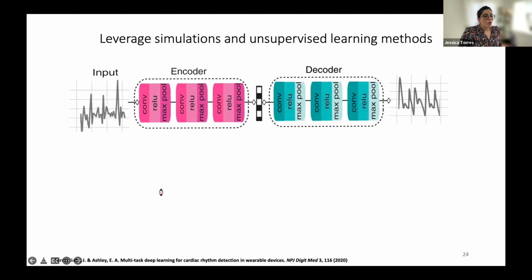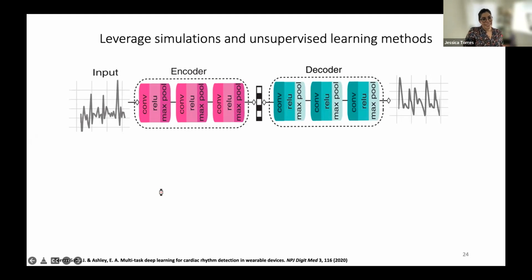So we first wanted to address how can we clean up the signal to a point where we felt it was in a good signal quality state, so that we would have our best shot at saying, you know, this is AF versus a regular, normal, healthy signal. So we wanted to leverage convolutional denoising autoencoders.